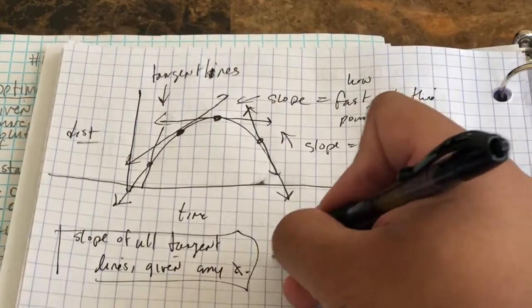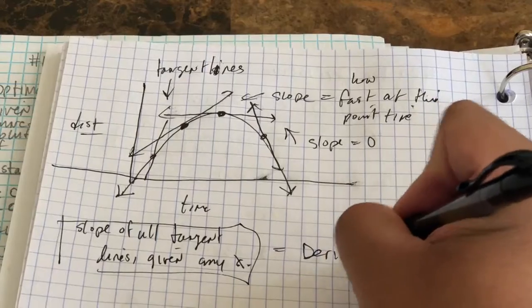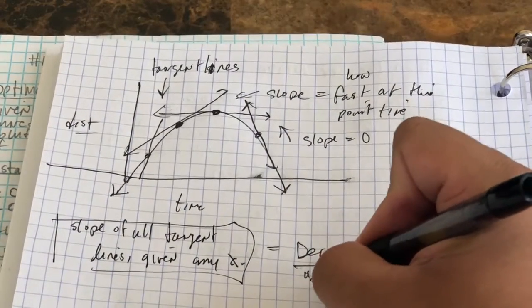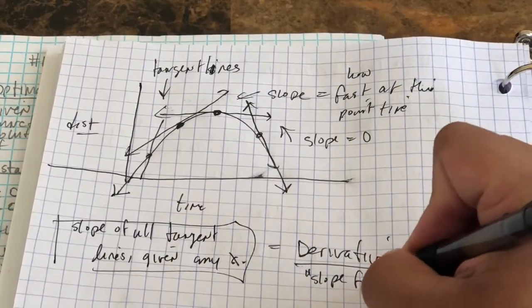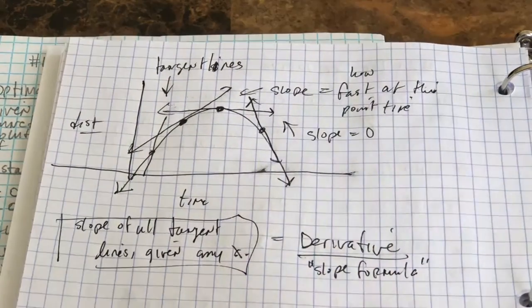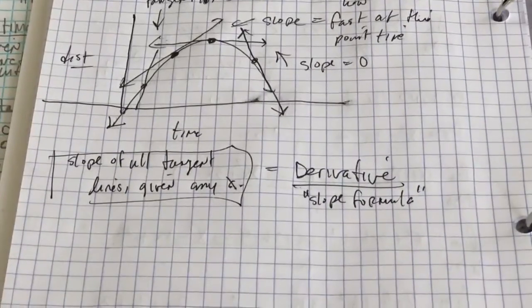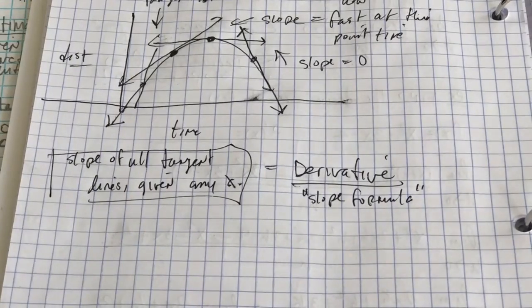We call that the derivative. This magical formula, or magical concept, gives us every single slope no matter what given point in time.